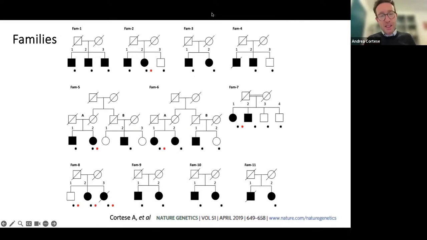But when I started working on genetics myself, I was puzzled by the number of patients that had a brother or a sister affected. And that was, as you quite rightly say, University of London, University of Pavia. I was working at the University of Pavia at that time, and I saw these two patients, her in particular.